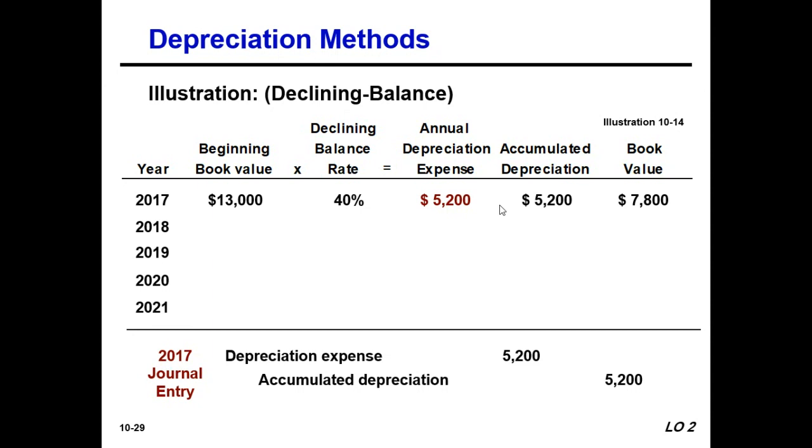And then the entry for first year for 2017, same, always depreciation entries. Yes, Abdullah. Is it clear how we get the rate? 2 divided by the useful life. That's how you get the rate.